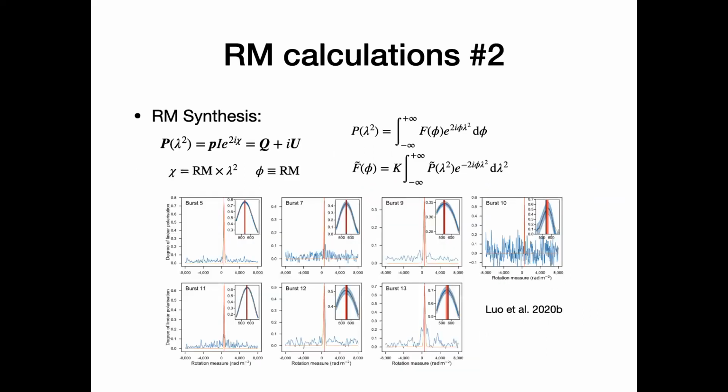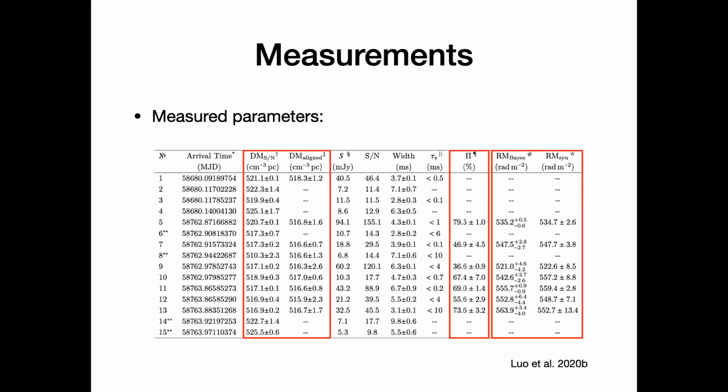But to double check if our method is correct, we still used a very traditional method called RM synthesis, and it can help us get the RM value from the Faraday dispersion function. And the RM measurements can be listed in this table.